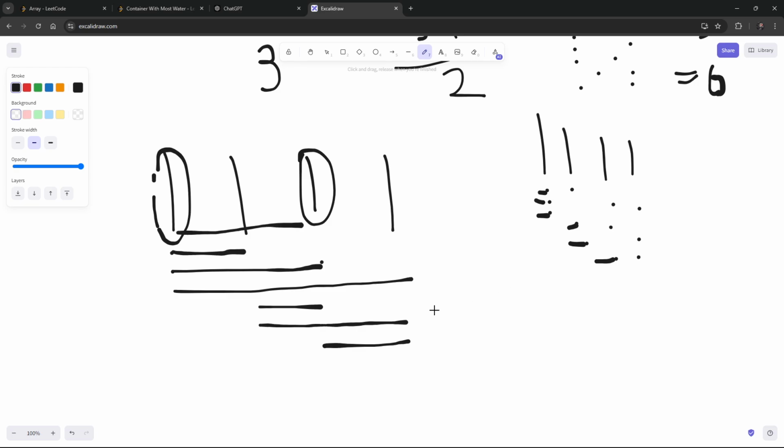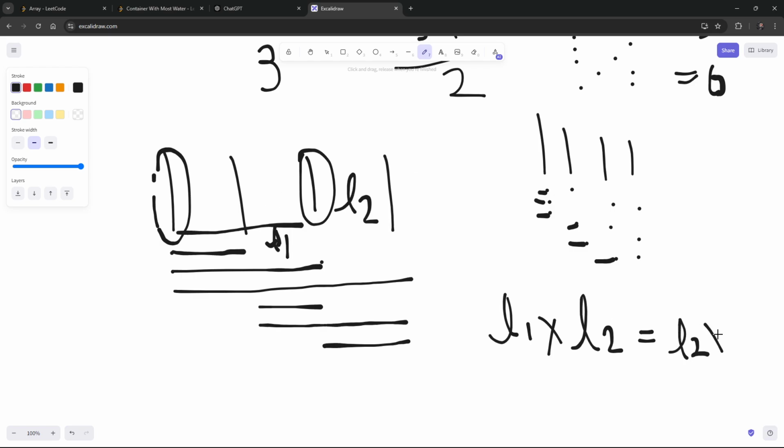So we have to multiply L1 into L2, as it will give the area, where L2 is given by the smallest height. In order to find this, we need to find the index of I and the index of j, and subtract j minus I, and it should give us our desired answer.